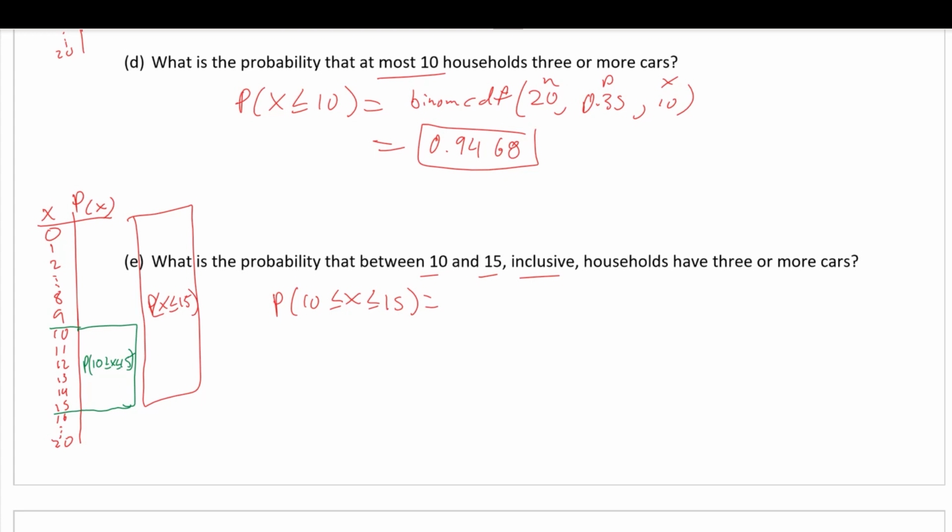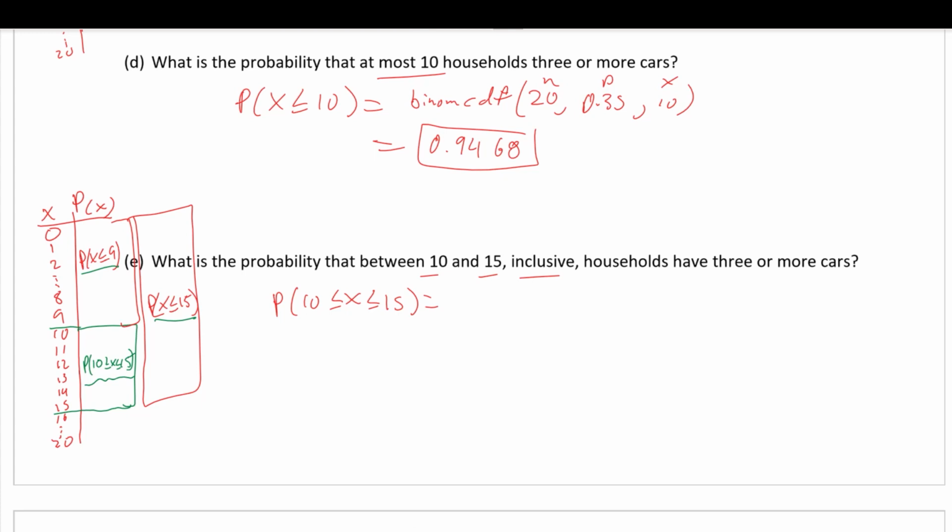And the stuff right down here, well, less than or equal to what? 9, right? So if this is less than or equal to 9 plus the green portion adds up to be this, less than or equal to 15. Can we do a little bit of subtraction here? Because we can say that the probability that x is less than or equal to 15, which is this portion, minus this portion, leaves us with this portion.